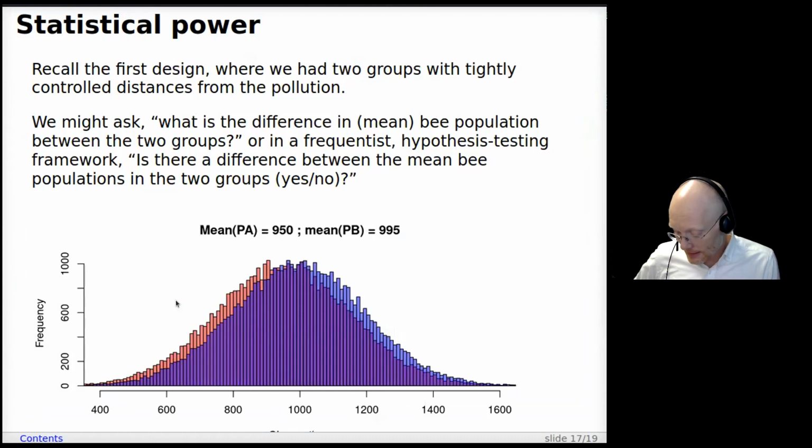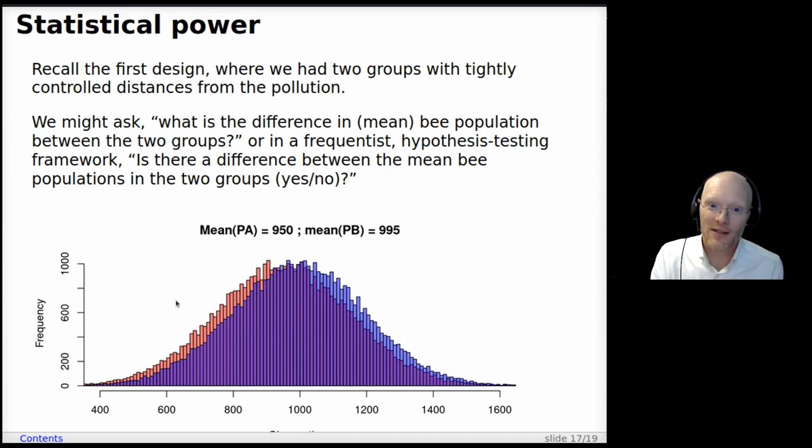And that is what statistical power is all about, right? So it's knowing in advance of our design, in advance of carrying out the research, how precise are we going to end up being in our answer? We don't know the answer yet, but we can say something about how well we're going to be able to resolve the answer.